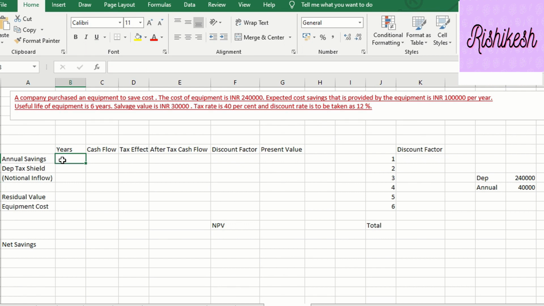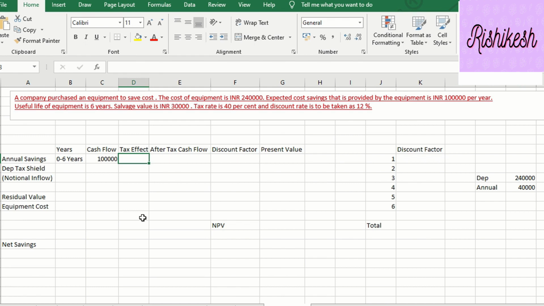Annual savings is going to be 1 lakh rupees, valid from 0 to 6 years. That cash flow is 1 lakh rupees, and it's a cash inflow since it's a saving. Now tax. Since it's a saving, there will be tax applicable on that. And what is the percentage of that tax? It is 40%, which means you're going to get only 60%.